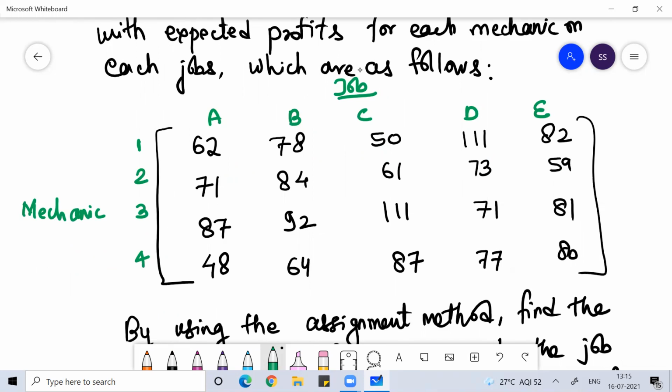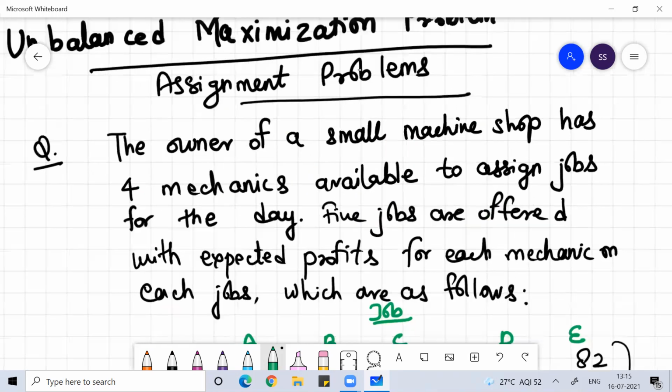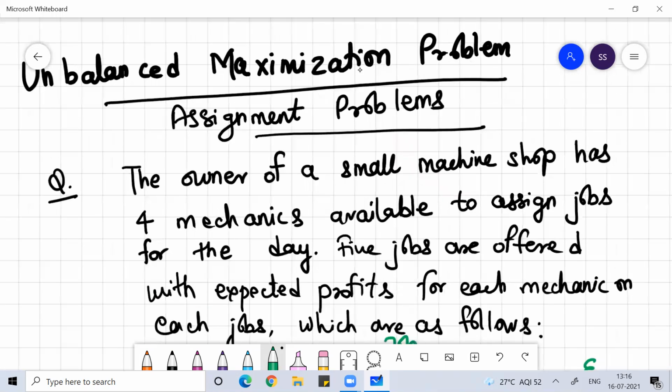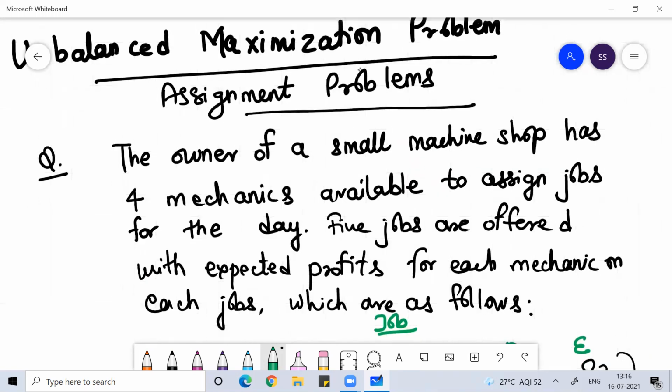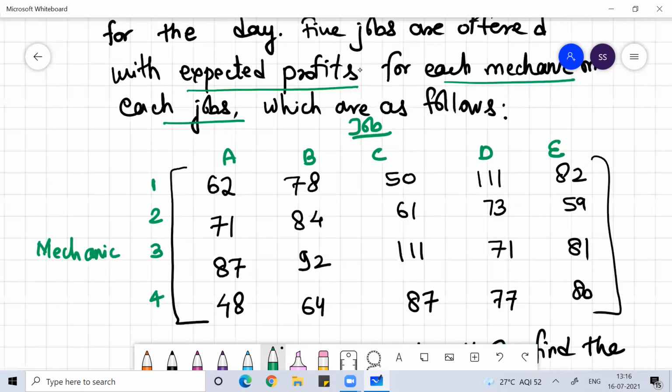Next, the owner of a small machine shop has four mechanics available to assign jobs for the day. Five jobs are offered, and the expected profit for each mechanic on each job is given to you.